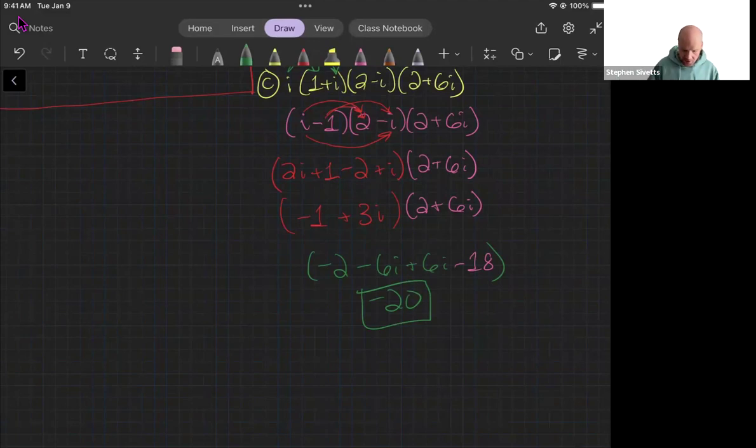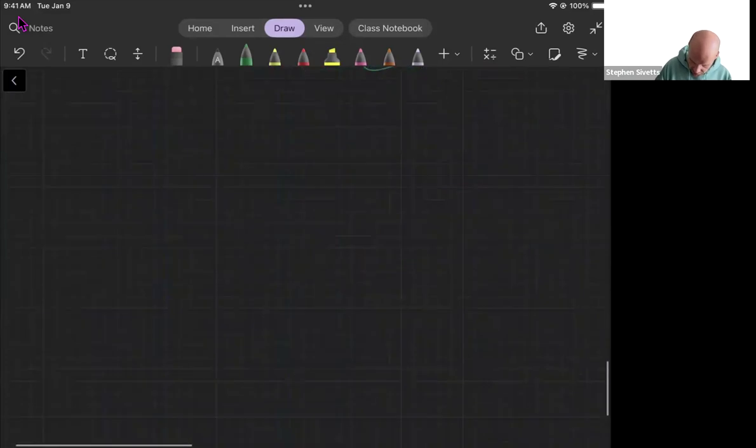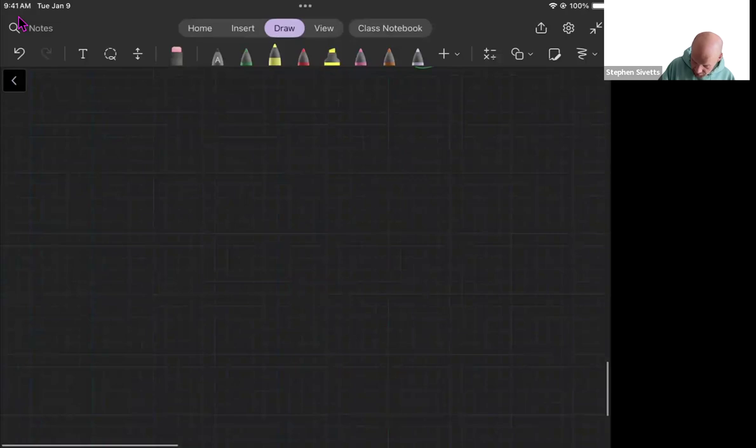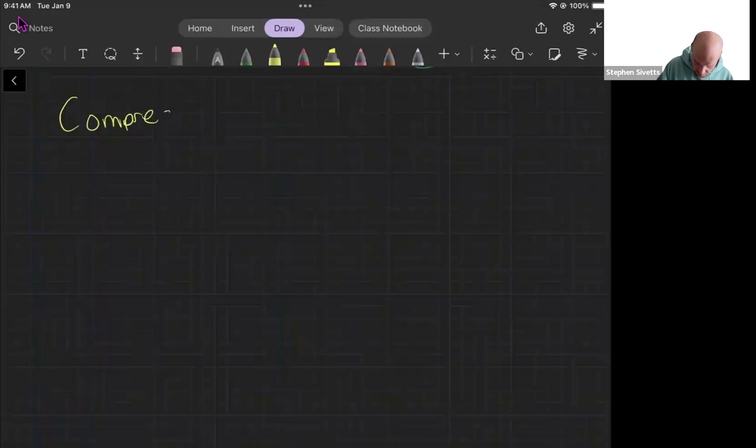So to check comprehension, I want you to work on these problems in the textbook. Comprehension check.